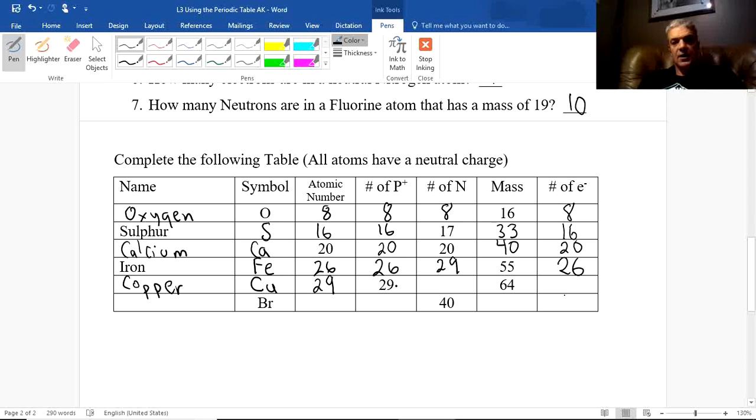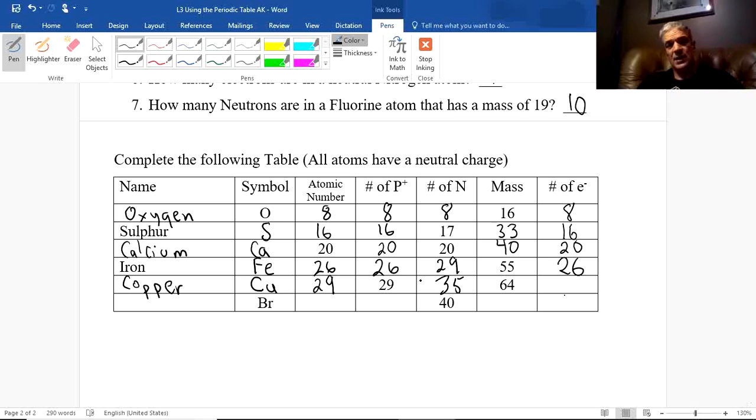I've got my number of protons. I need to find my number of neutrons. And just like I did up here, I can kind of guess numbers until I get there. But in the end, the answer is going to be 35. And I do that by taking 64 and subtracting the 29. And that's pretty basic mathematics of solving an equation.